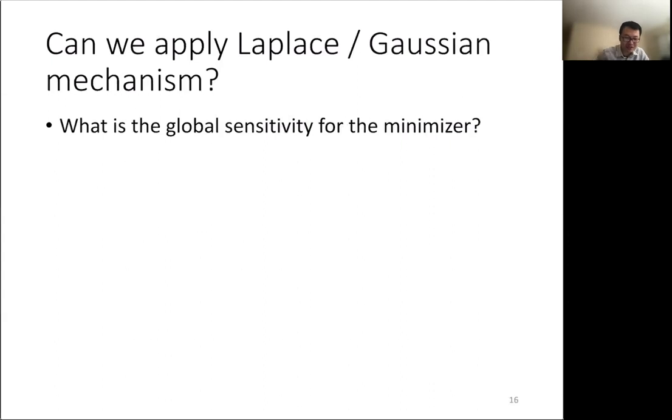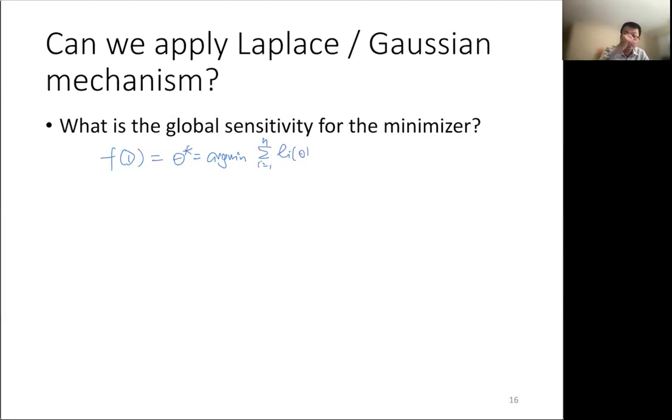We can obviously define this query of the data to be theta star, which is the arg min of the empirical risk minimization. We can always define it this way, but the question is whether this function of the data has a bounded global sensitivity. By adding or removing any individual data point, how quickly does this theta star change?